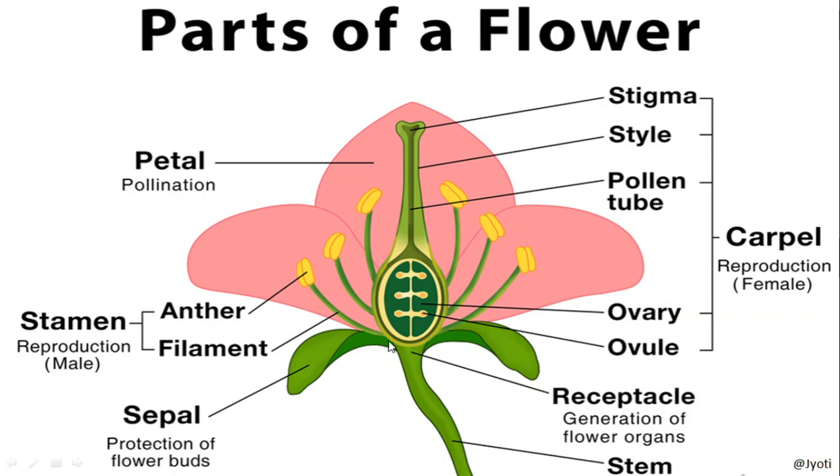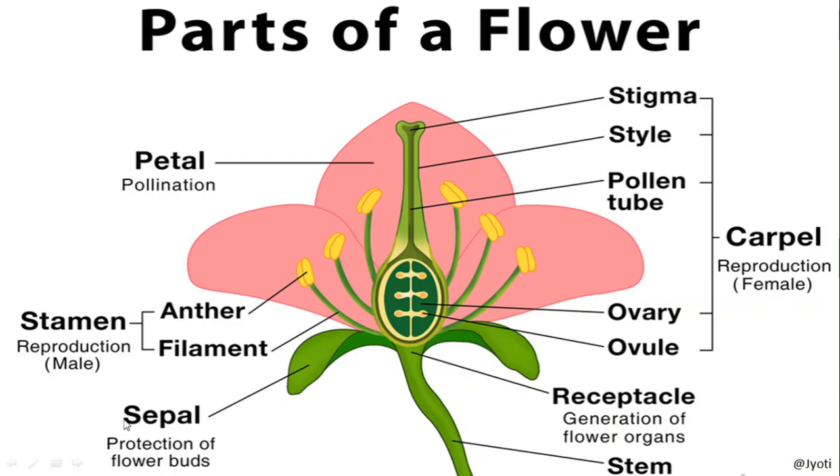Here you can see this terminal part is swollen, and this swollen part is called receptacle or thalamus. And what is the function of thalamus? This is the part from where the floral leaves are developed. Floral leaves means sepals, petals, stamens and carpels are developed. So this is the thalamus.